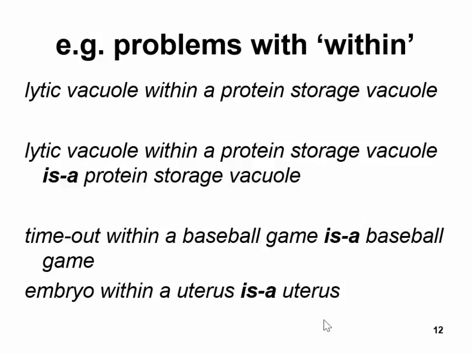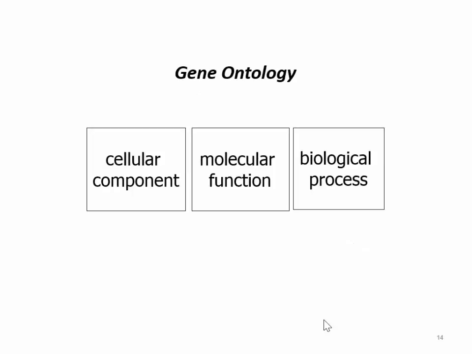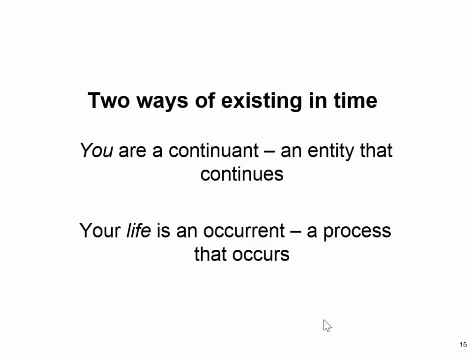Now, the gene ontology, as I think you all know, consists of three sub-ontologies: a cellular component ontology, a molecular function ontology, and a biological process ontology. Now, cellular components are things like people, mice, and planets, and tennis balls, and tables.